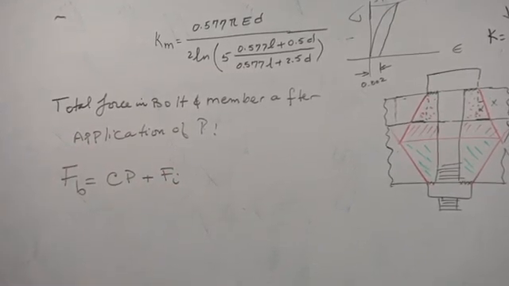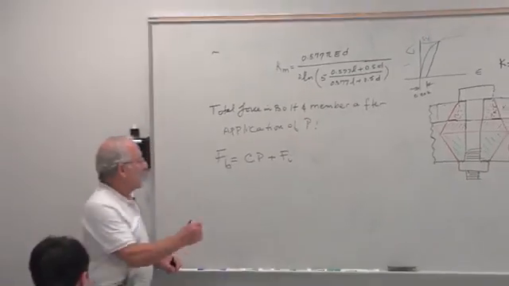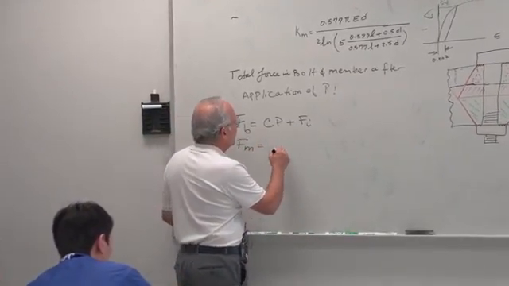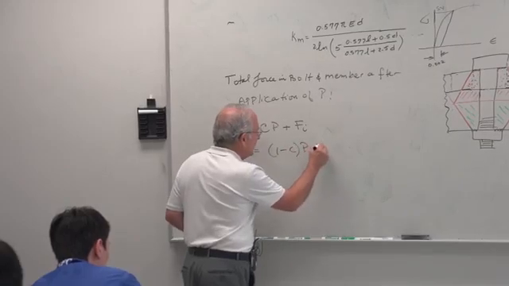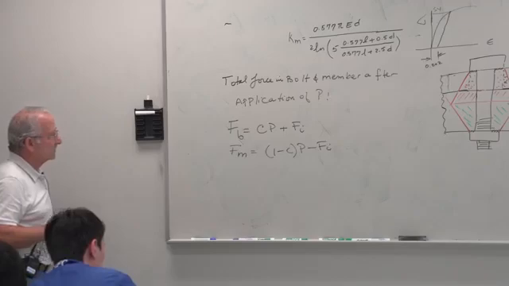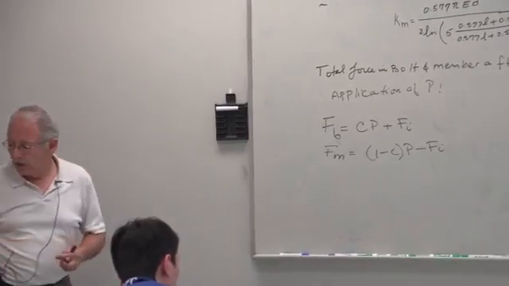This is all tensile now. And Fm is equal to Fi minus 1 minus C times P. Any questions?